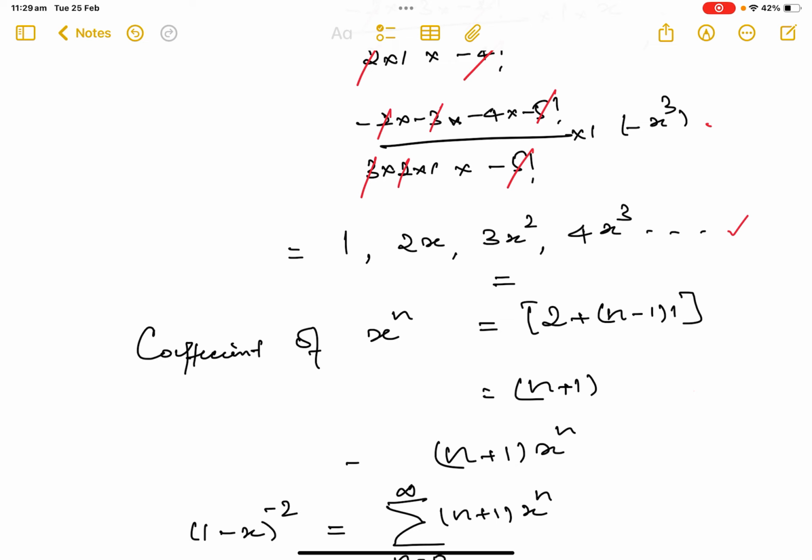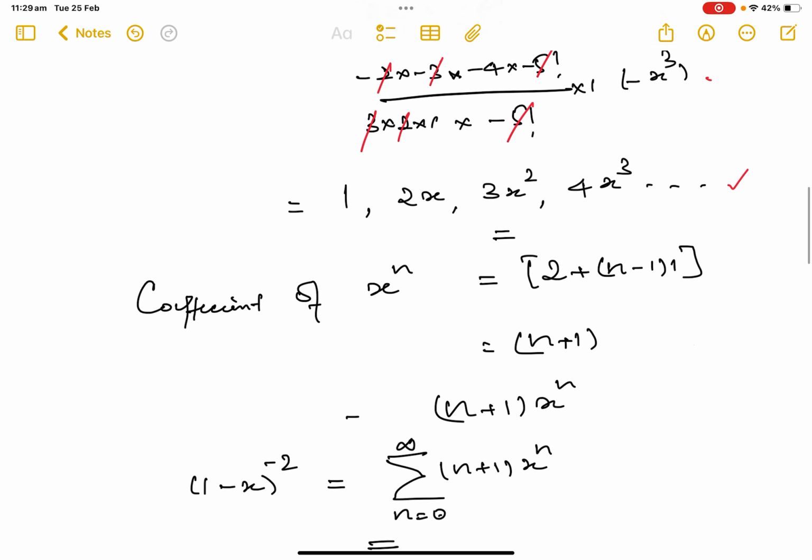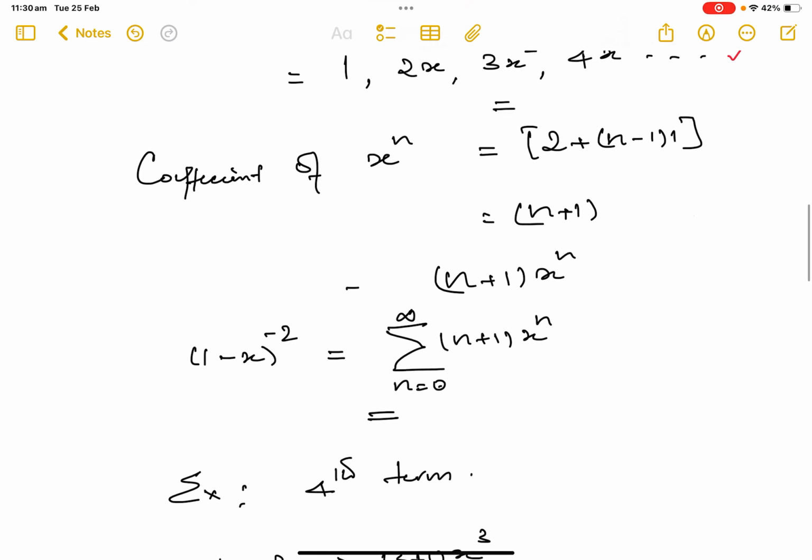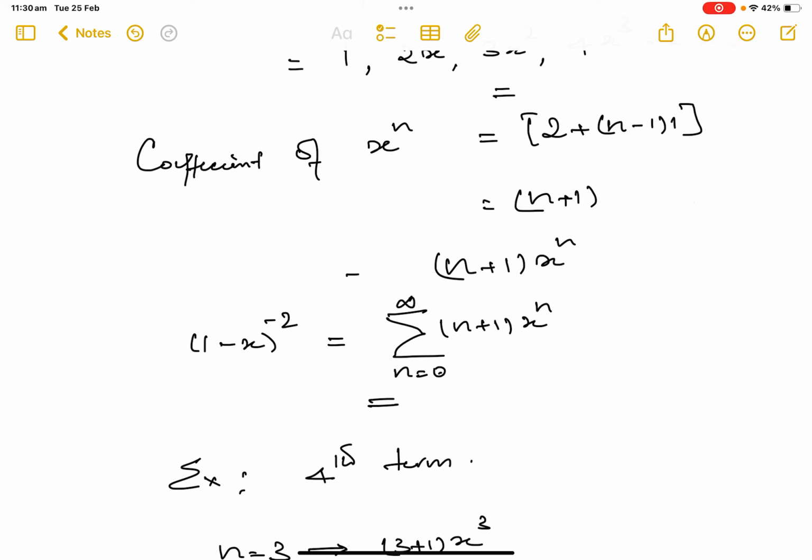I just ignore the first one, so the nth term, starting from 2, is 2 plus n minus 1, that's n plus 1. So the coefficient is n plus 1 for x to the power n. So the x to the power n term is (n + 1)x to the power n. So we can write 1 over (1 - x) squared as the sum from n equals 0 to infinity of (n + 1)x to the power n.